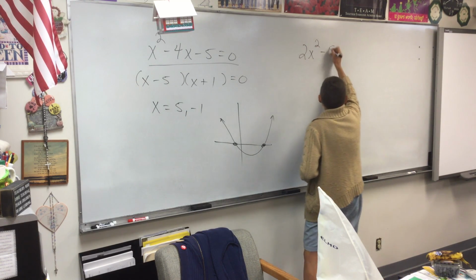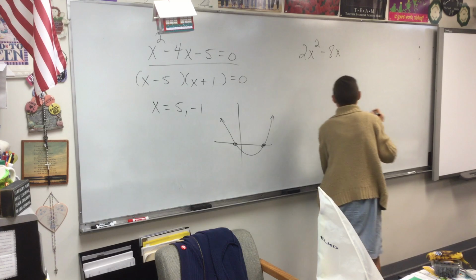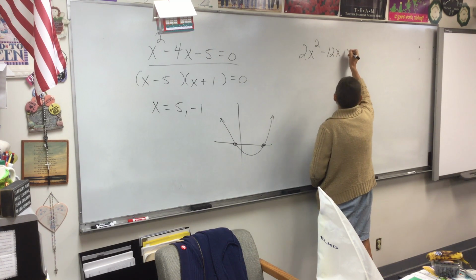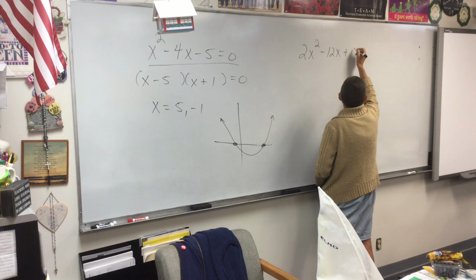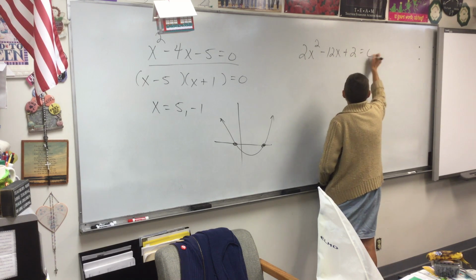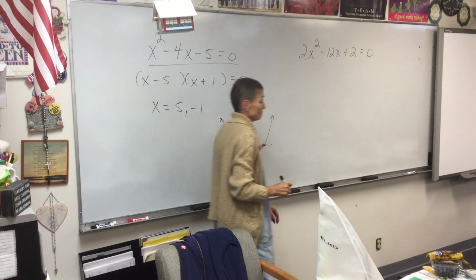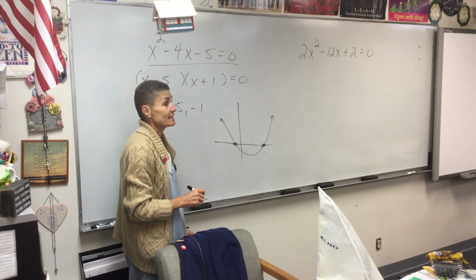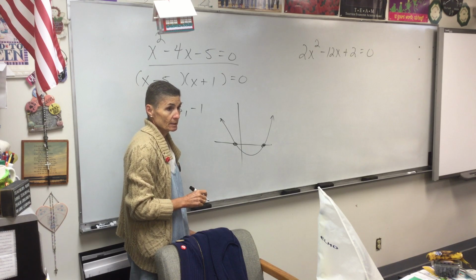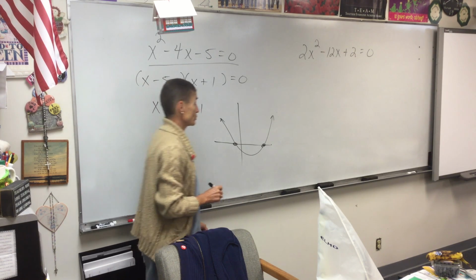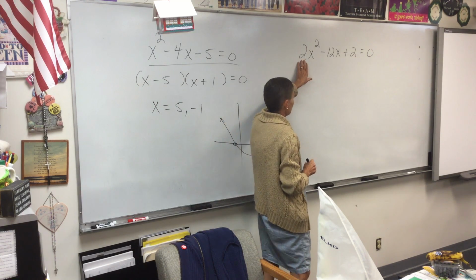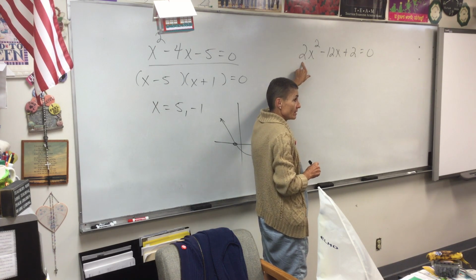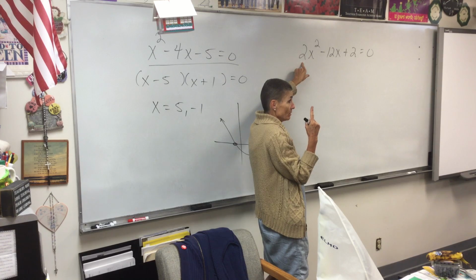2x squared, let's say minus 8x. No, let's not use 8, let's use 12. Plus 2 equals 0. All right, we're going to solve this. And we're going to solve it by completing the square. The first thing that has to happen if you're completing the square is that this number right here has to be a 1.